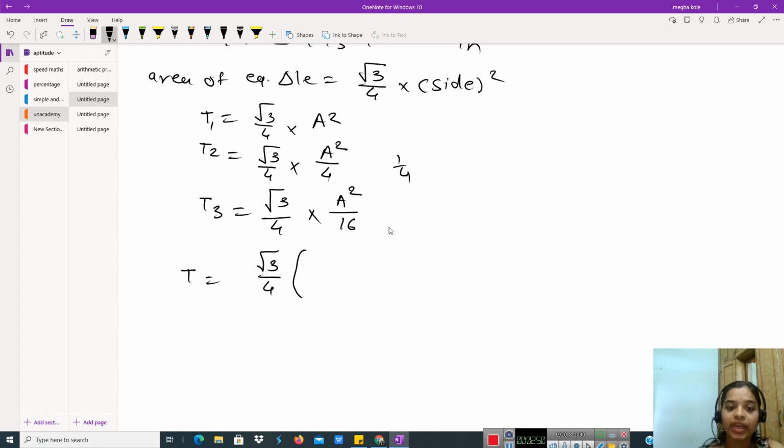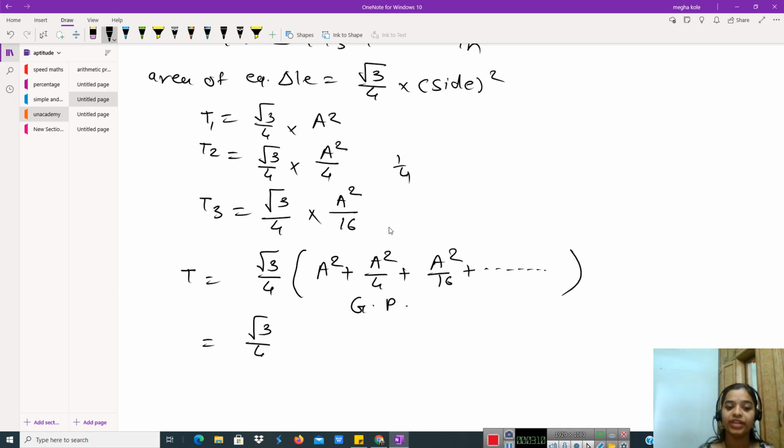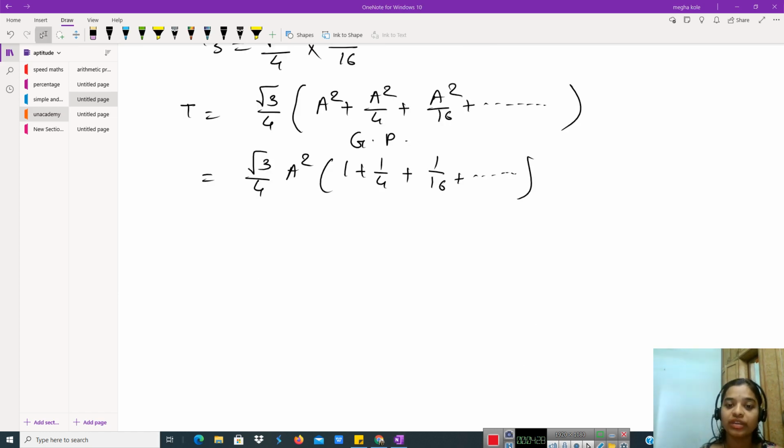into the bracket a square plus a square by 4 plus a square by 16, and this will continue. Now if you observe, this is nothing but a geometric progression series. So solving this part using the geometric progression formula, I will take a square common here: 1 plus 1 by 4 plus 1 by 16, continuing. We will do the addition for infinite terms with the ratio of 1 by 4.